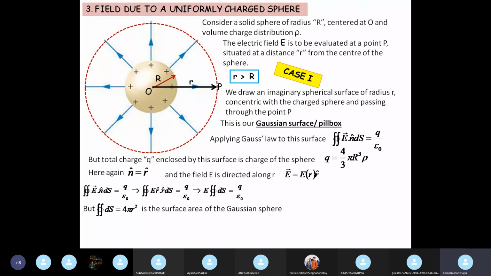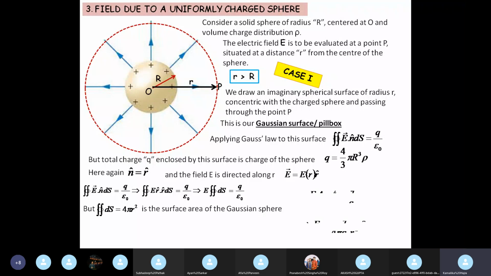So the surface integral of dS is equal to 4 pi r square, the surface area of the Gaussian sphere. I have mentioned it separately so there is no room for confusion. When we find the field at a point outside the sphere, the area given by the surface integral is the area of the Gaussian surface, not the actual sphere.